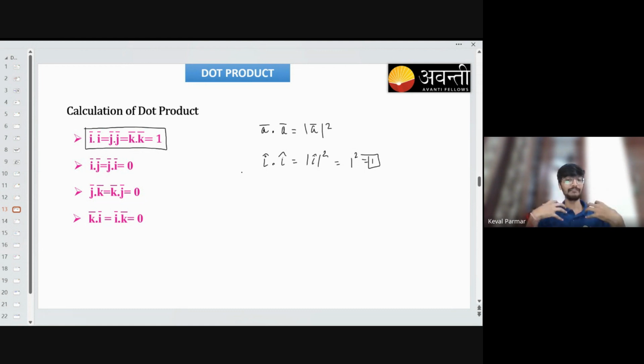And we have seen this in the angle subsection, very important: if the angle between two vectors is 90 degrees, that is, the two vectors are perpendicular, then their dot product is equal to 0. So here, I cap dot J cap equals 0 because the angle between I cap and J cap is 90 degrees. And similarly, we can extend it to J cap, K cap, and I cap, K cap, as you can see. Right, guys?